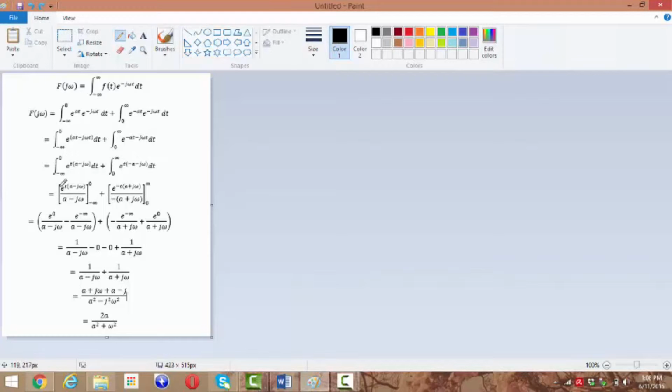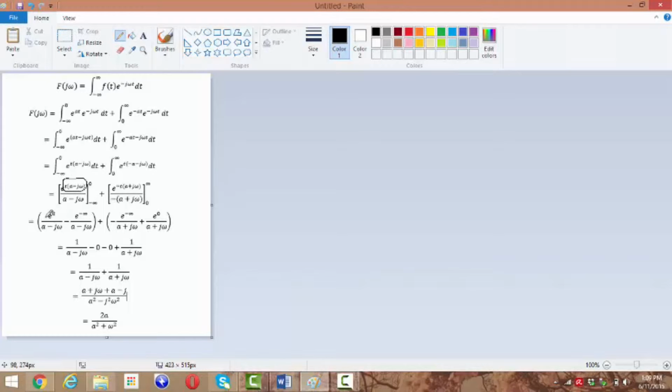The property is exponential t(a minus j omega) over the differential of the power of the exponential. We get a minus j omega, and this one is the same, where the differential is minus a plus j omega.